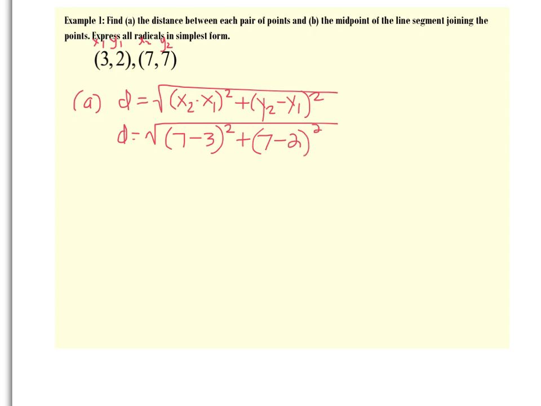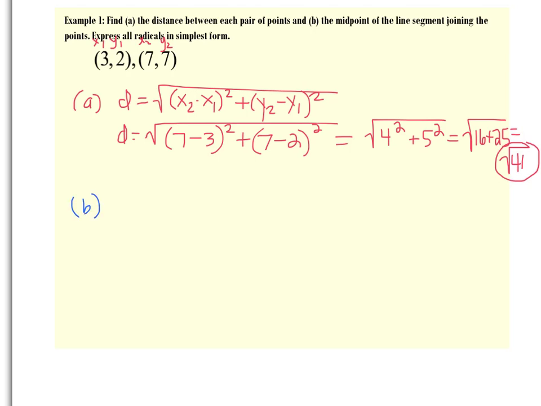And then it's just a little bit of algebra. So that's the square root of what would be 4 squared plus 5 squared, which is the square root of 16 plus 25, which is the square root of 41. Part B says find the midpoint. We find the midpoint by averaging the x coordinates to get my x value.